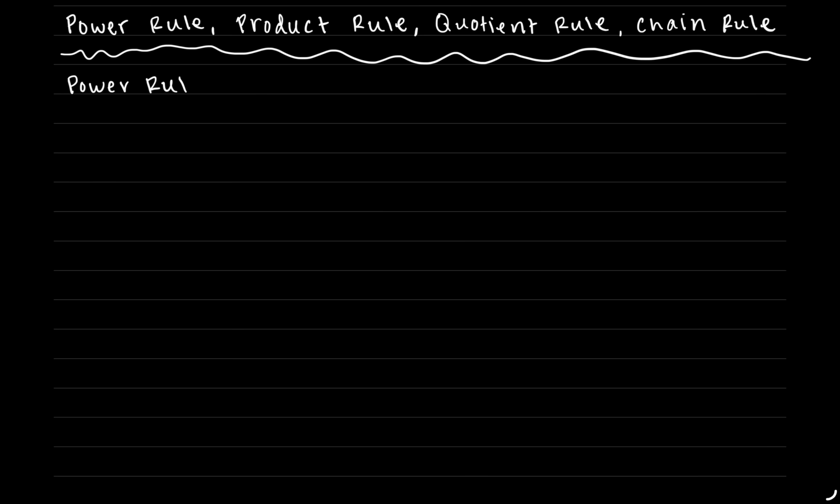The formal definition of the power rule is written as d/dx. d/dx is just a fancy way of saying that you are taking the derivative with respect to x.